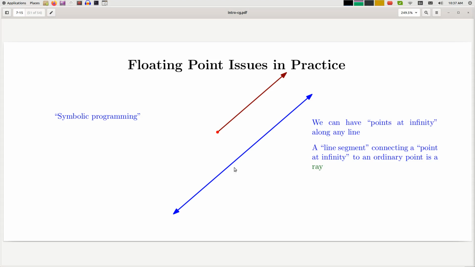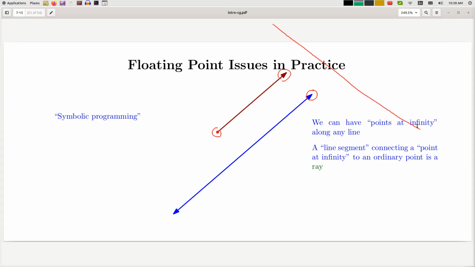For example, you could define a ray to be a line segment that connects a normal point to a point at infinity. So which point at infinity is this one? It's this point at infinity, right? The point at infinity that is along this line, essentially any line parallel to this blue line also is good enough. In other words, in this notion, we consider all of these points to be the same point at infinity. We're going to visit this concept later on when we talk about the projective plane.